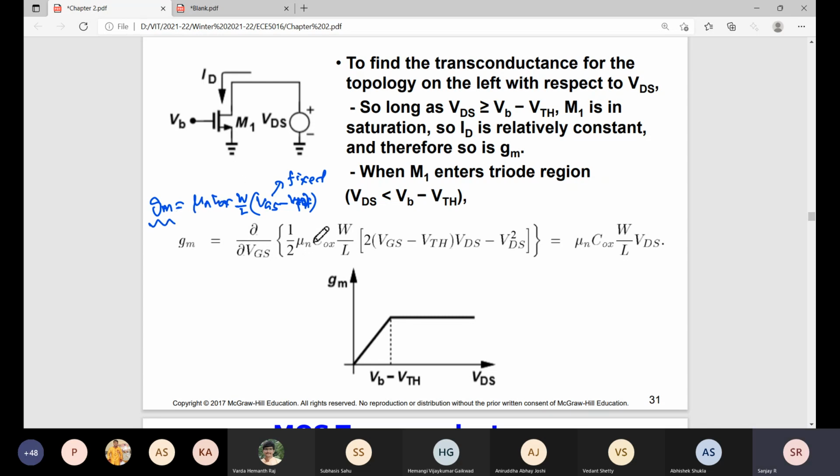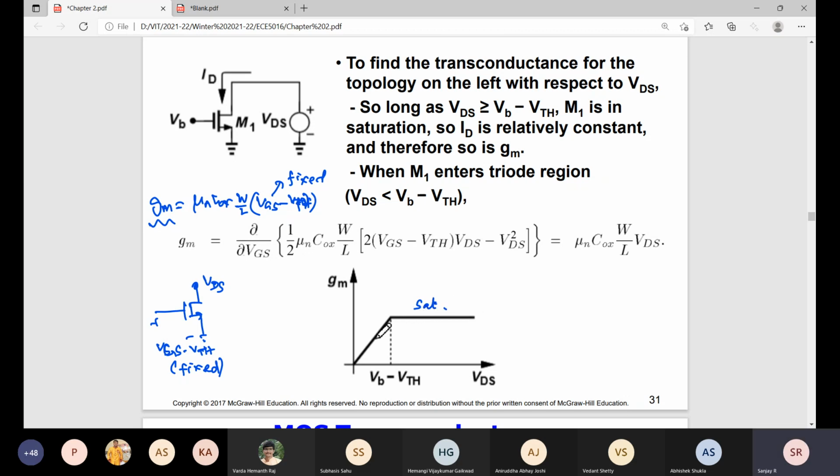That means we are operating the transistor in the saturation region. We fix VGS minus VTH and then vary VDS. Here we didn't consider channel length modulation. According to the square law equation, if VGS minus VTH is fixed, GM will always be constant in the saturation region.